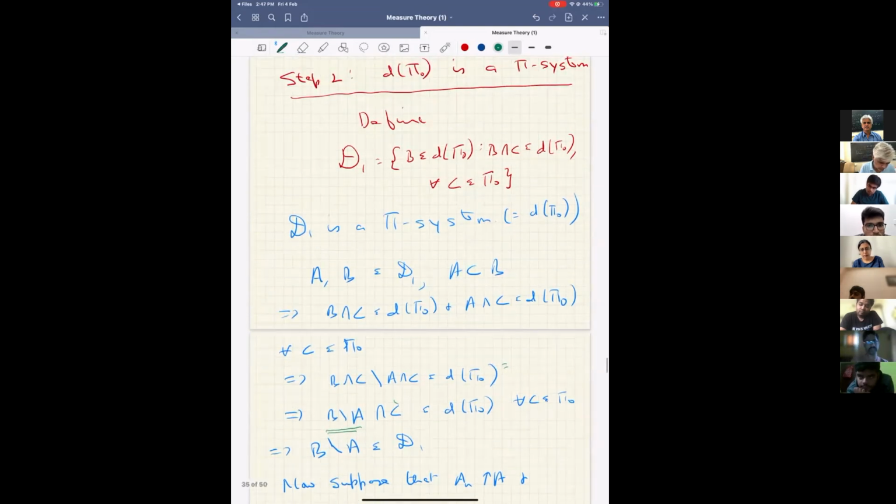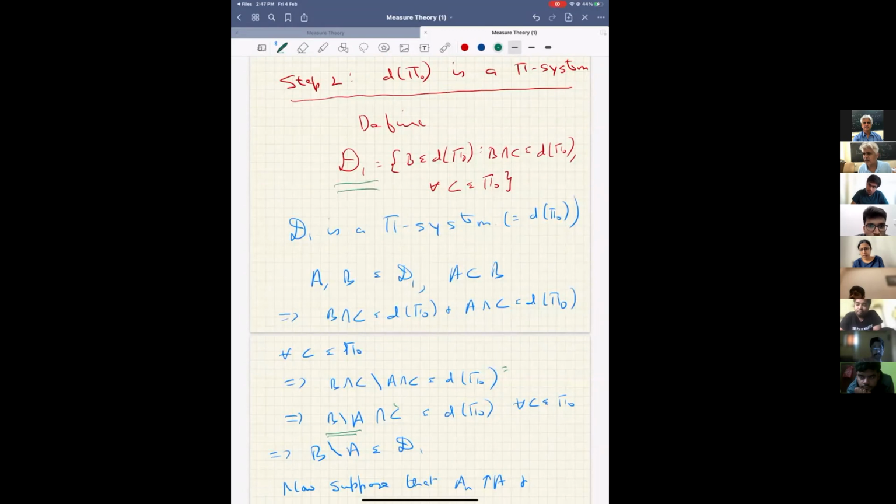Right? We want to show membership. I have a doubt. This B intersection C minus A intersection C is belonging to D of pi naught. So are we assuming that D of pi naught is already existing? Yeah. So D of pi naught is the smallest D class which includes pi naught. But we have to show that D1 is a D system, that D1 is equal to D of pi 0. So D1 we have to show, but D of pi naught is already a D system. Okay. So what's the confusion here?